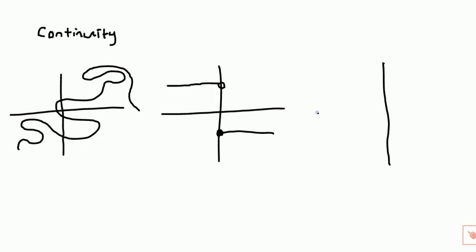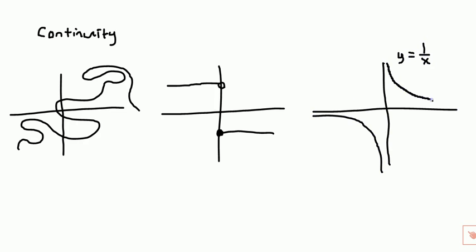Another example is the graph of y equals 1 over x. That looks like this, right? This is also not continuous. To get from here to here, I had to pick up my pencil. That's the basic idea of continuity.